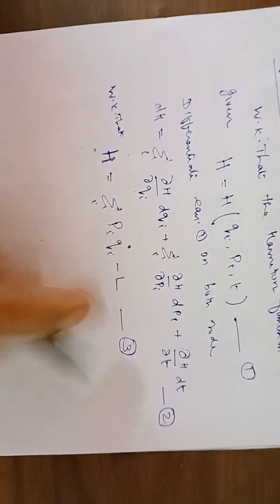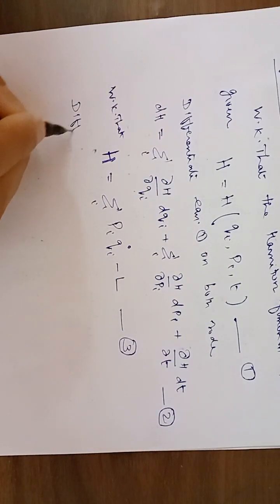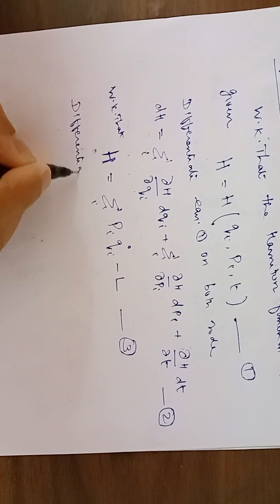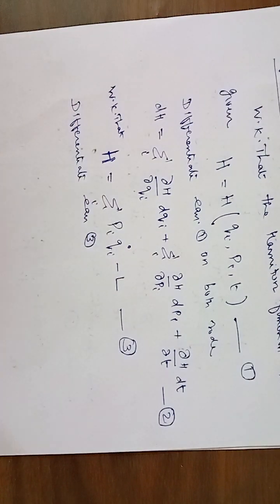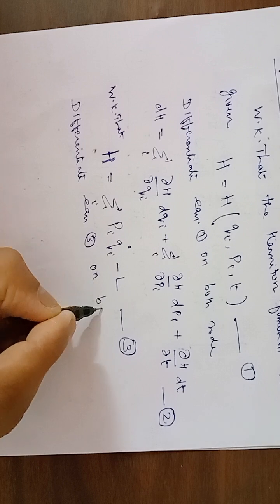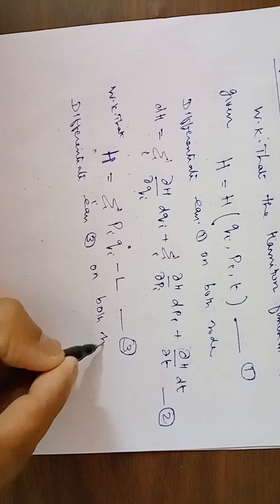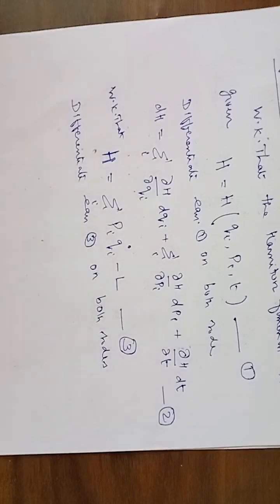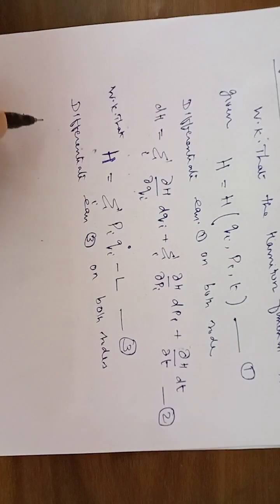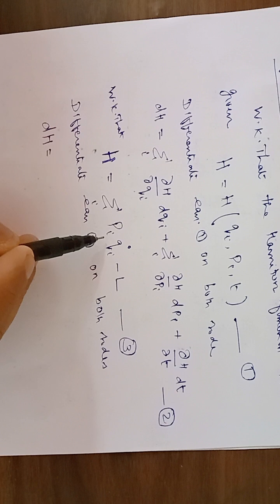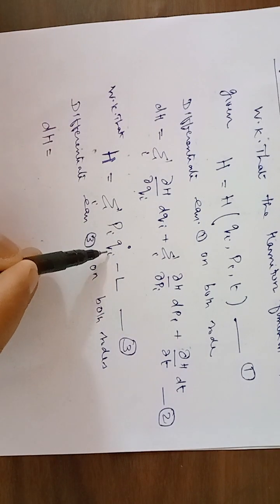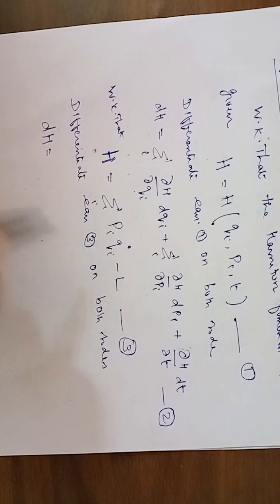Now differentiate equation 3 on both sides. What will happen? dH is equal to, using the product rule, first function times the derivative of the second plus second function times the derivative of the first.